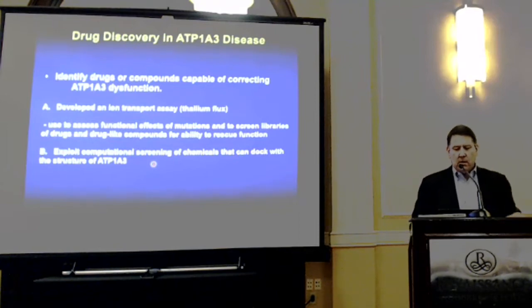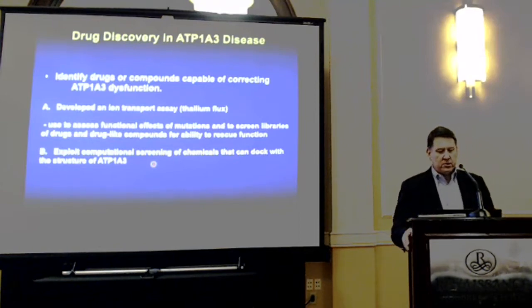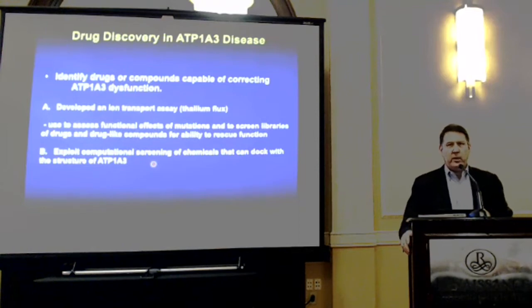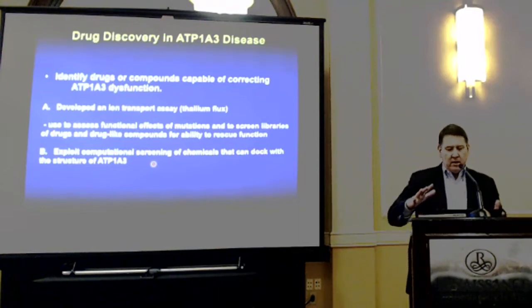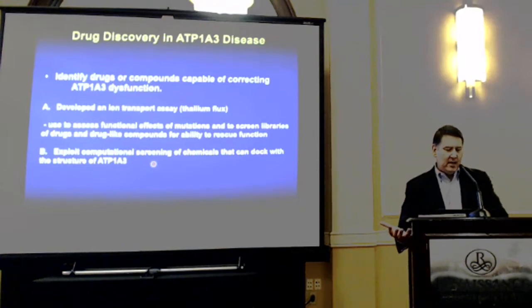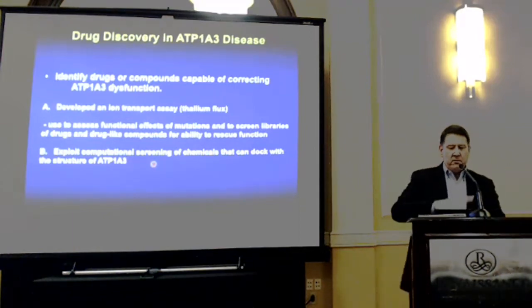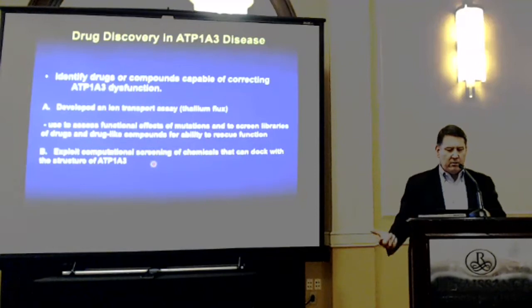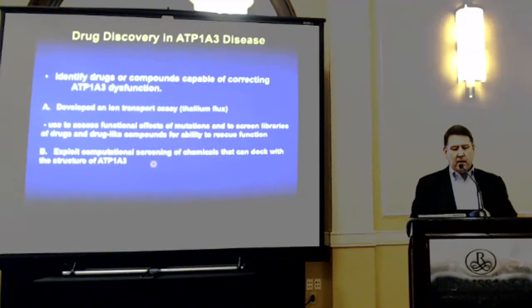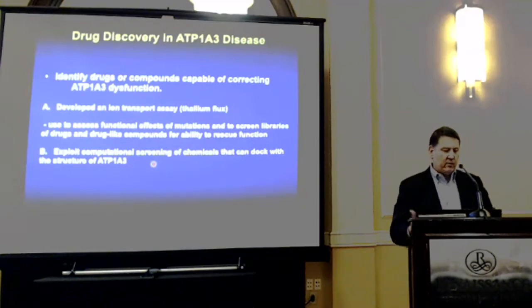He did this for us with the known structure of ATP1A1, which we then used to simulate ATP1A3. We took the structure that's known for ATP1A1, threaded the human ATP1A3 sequence into that, remodeled it, and have what's called a homology model of the protein.